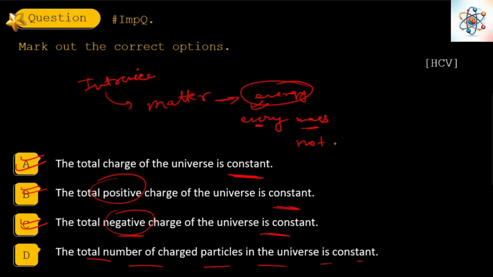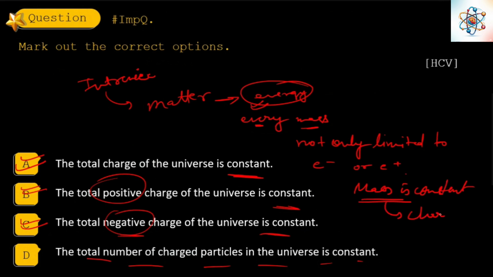Not only limited to electrons or protons, it is there in the entire universe. So ultimately we just say that the mass is constant, and through that statement only, charge is constant came. So charge is an intrinsic property of matter, and every matter has mass. So the correct option should be A, that total charge is constant.